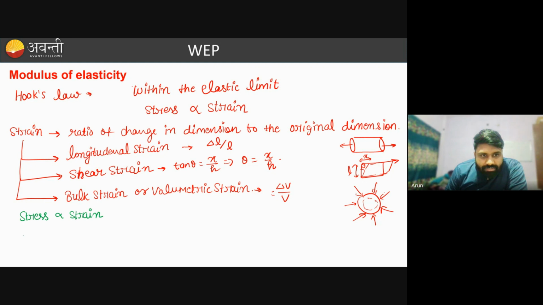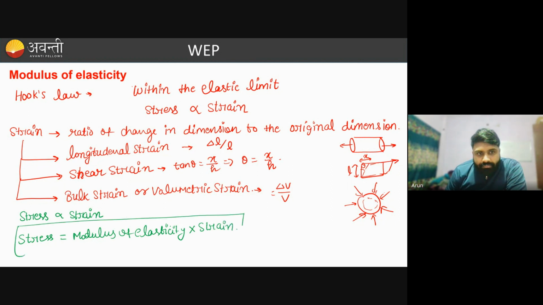So that constant is nothing but stress equals modulus of elasticity multiplied by strain. Okay, so this is Hooke's law.